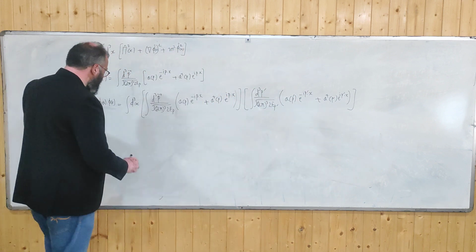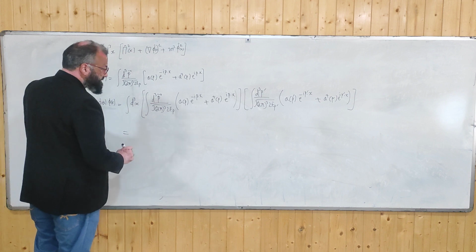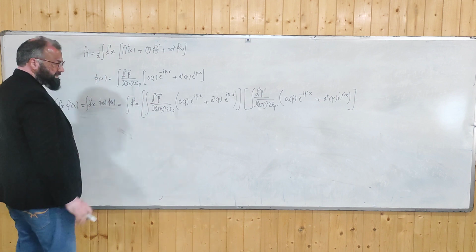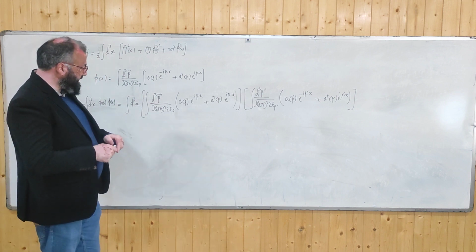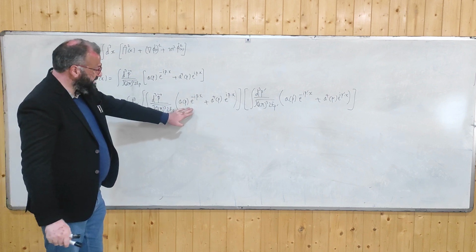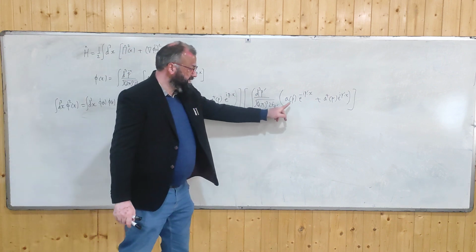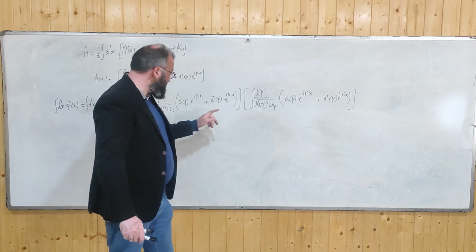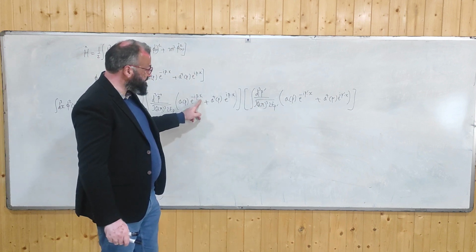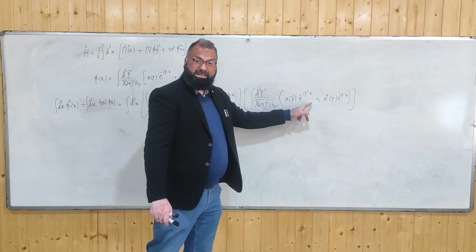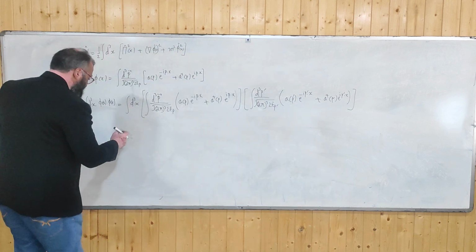Let me do this step directly. Once you multiply, you get a of p and a of p prime, with exponential e to the power minus i p dot x and e to the power minus i p prime dot x.